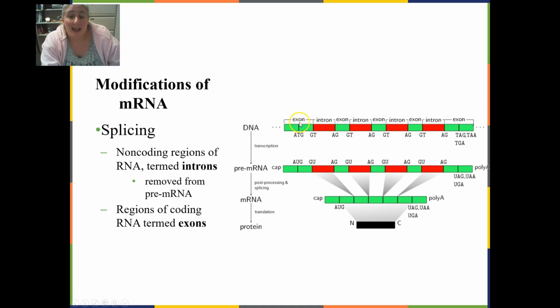Regions called exons are the regions that code for protein. They express the protein. Introns are regions that don't code for the protein. We have to cut out all of these introns and splice together these exons. And then we have this protein coding messenger RNA.